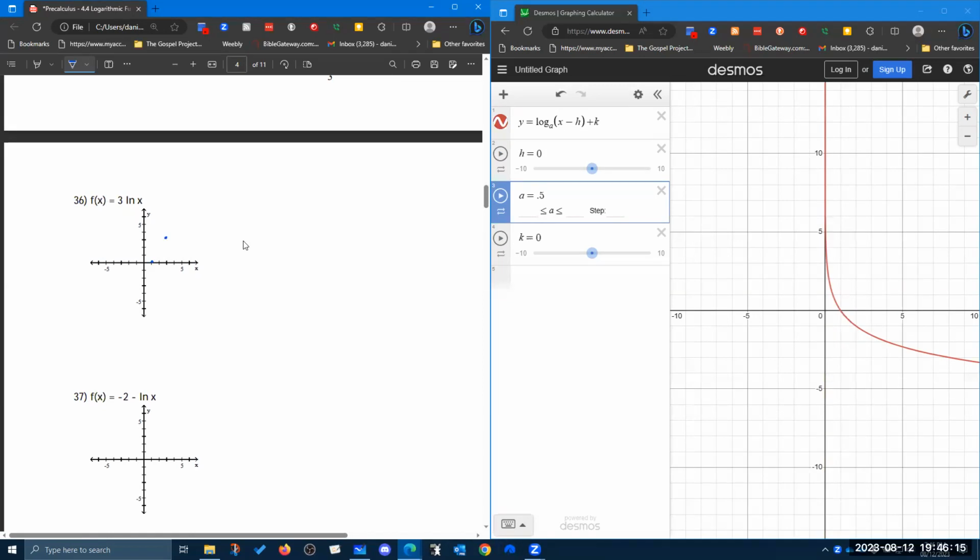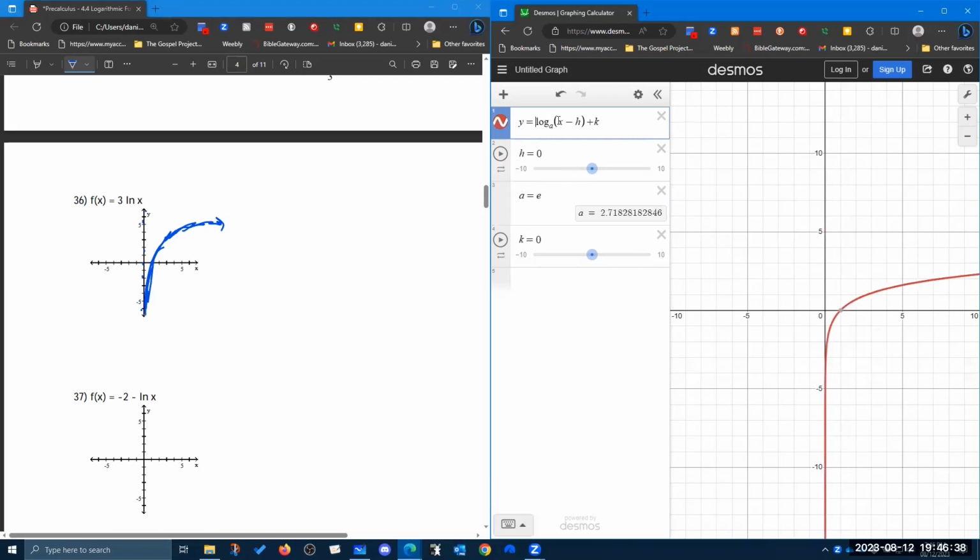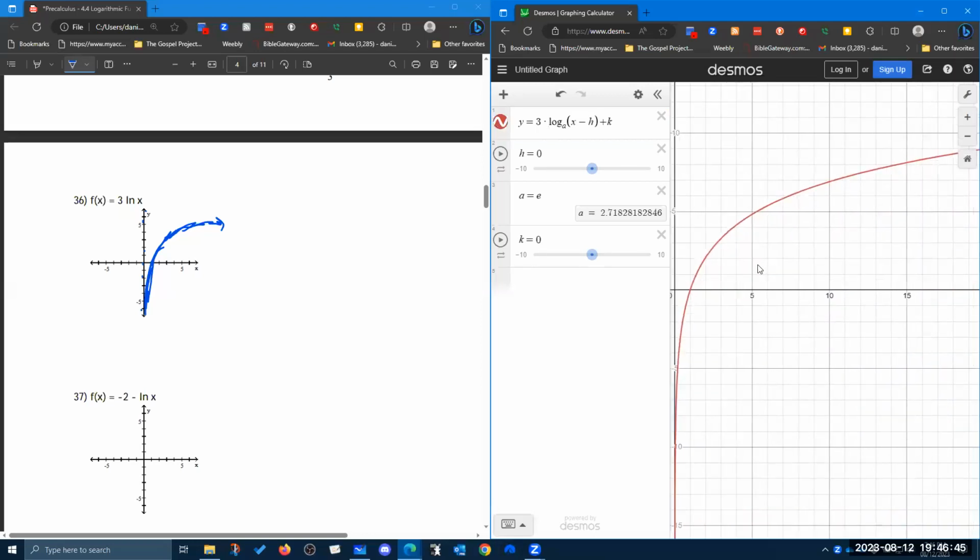And so I've got my vertical asymptote at x equals 0 again, and this is going to be stretched like so, but then it's going to start leveling out. So I'm going to let my base here be e, and I'm going to have 3 times, and take a look at how that's like what I have there.